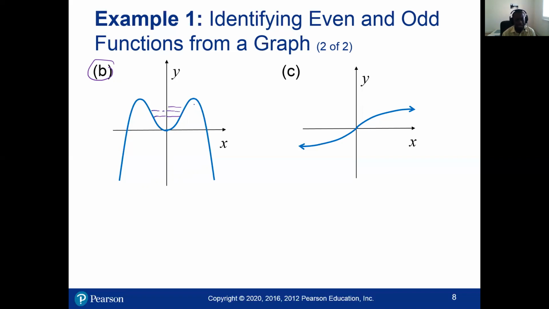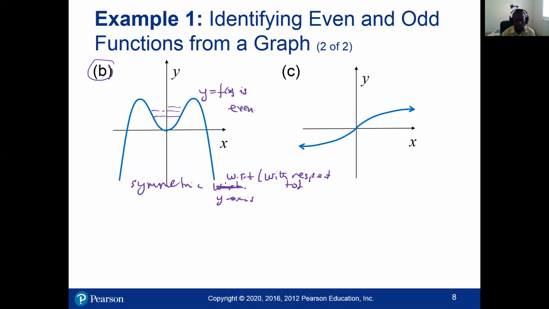So we see that this graph is symmetric with respect to, when I write WRT, I mean with respect to, the y-axis. So we say that the function, in this case y equal to f of x, is even.